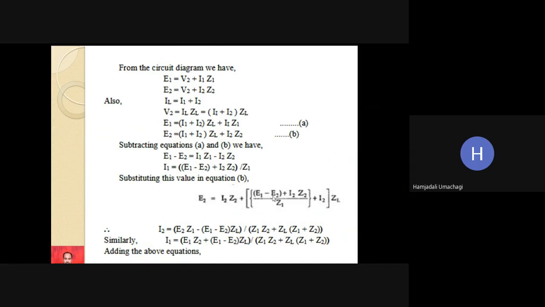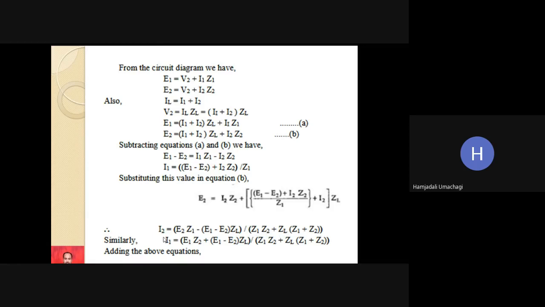After this, you need to simplify this equation. After simplifying, we get the value for the load shared by the second transformer, or current supplied by the second transformer, that is I2. The value of I2 will be E2 into Z1 minus E1 minus E2 into ZL, whole divided by Z1 plus Z2 plus ZL into Z1 plus Z2.